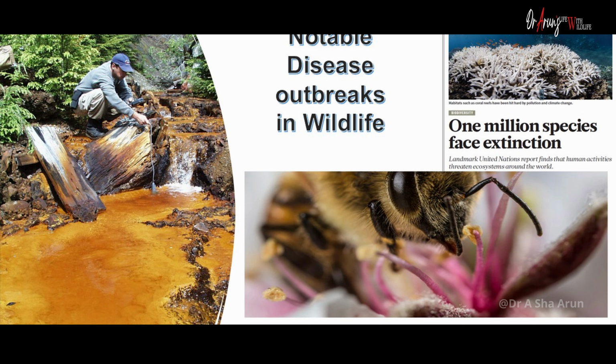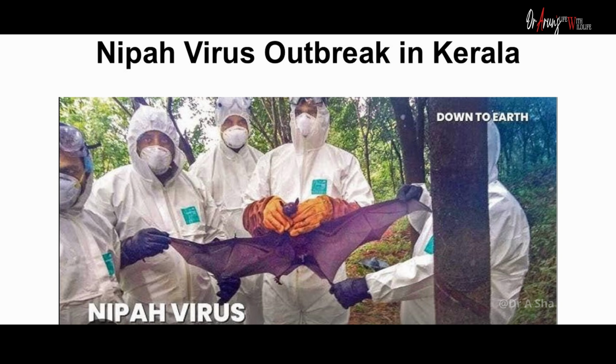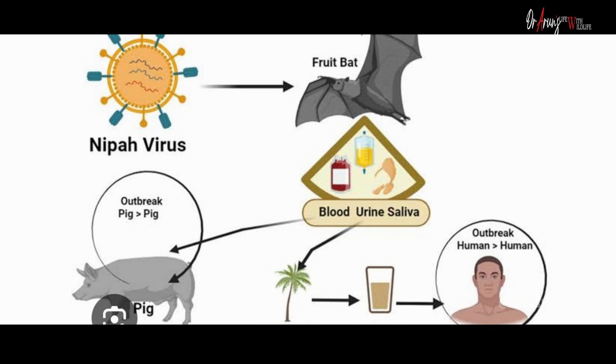One of the important outbreaks, as we all know, is the Nipah virus outbreak in Kerala. In September 2024, Kerala reported multiple cases of Nipah virus infection, resulting in at least 2 fatalities, including a 24-year-old student. The Nipah virus is a zoonotic pathogen transmitted from animals to humans, often through direct contact with infected bats or their secretions.